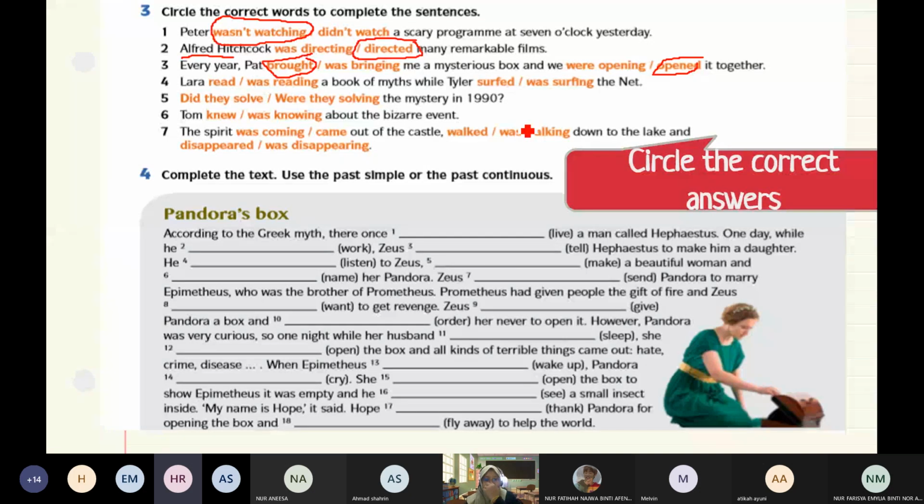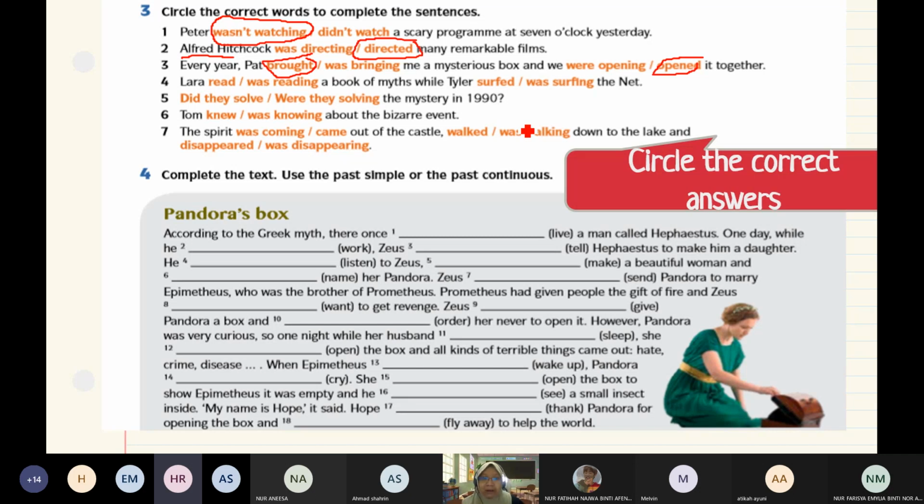For your homework, I would like you to do exercise 4 only. You use either past simple or past continuous tense.